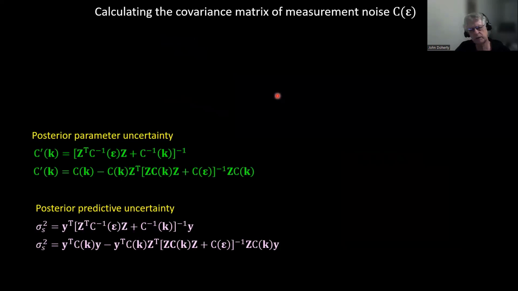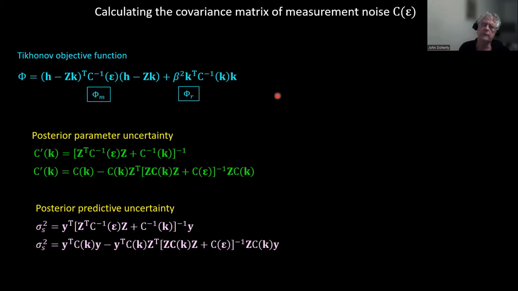What about C epsilon? Well, that's not much of a problem either. Normally, as we talked about last time, when you calibrate a model, you reduce an objective function. This is the Tikhonov objective function we talked about last time. It's got two components: that which reflects model to measurement misfit, and that which reflects misfit between the parameters that I'm estimating and their preferred condition.